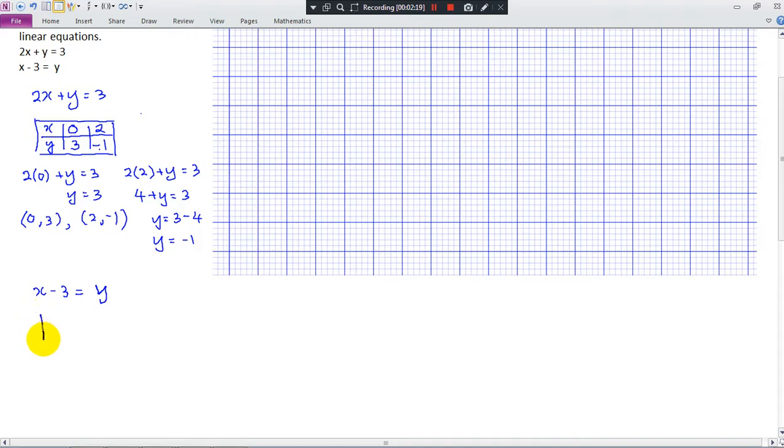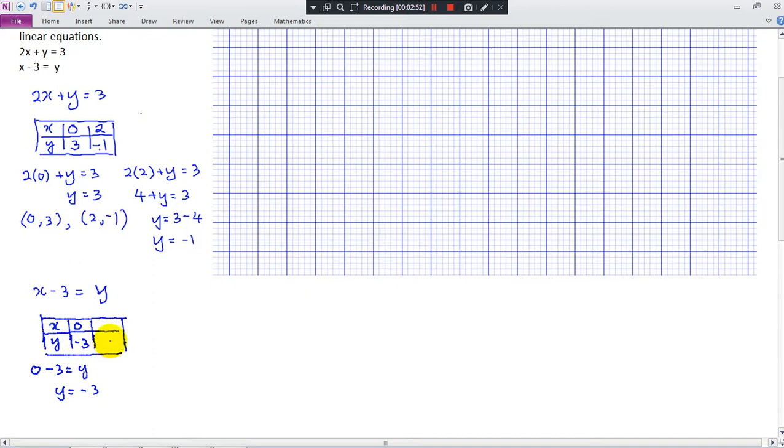Same thing, we draw a table first. x, y. When x is equal to 0, I always use 0 because 0 makes it easier to calculate to get the value of y. So 0 minus 3 equal to y, and you get the value of y. Y is equal to negative 3. Easy, right?